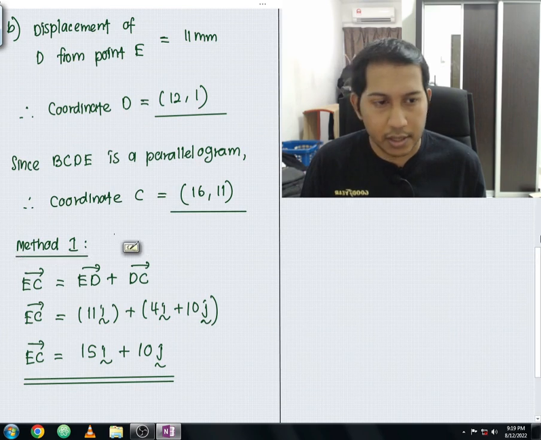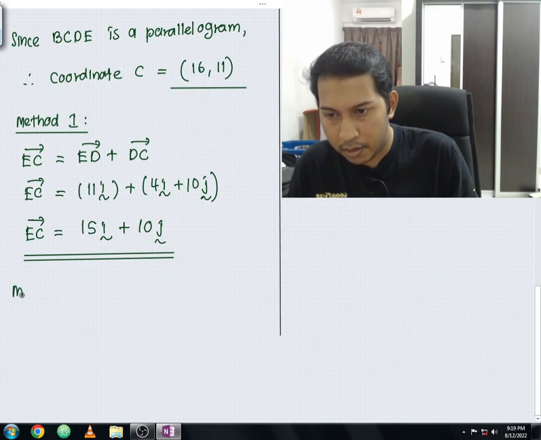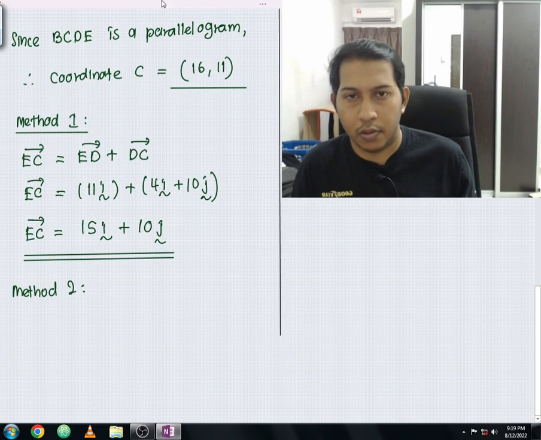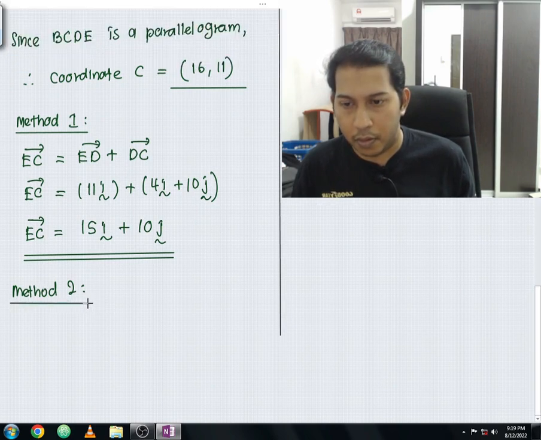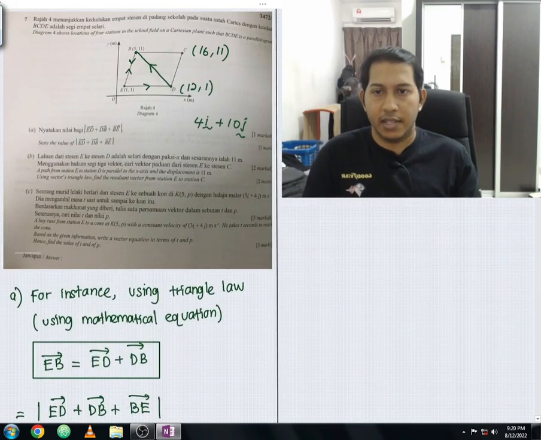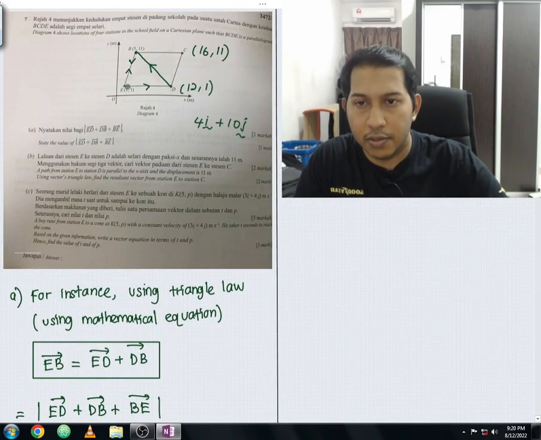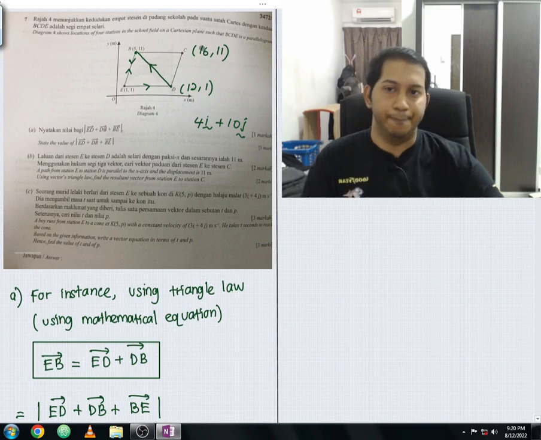I'm going to show you the second method, method 2. Since we are finding the resultant vector EC, we will be using vector EB plus vector BC.